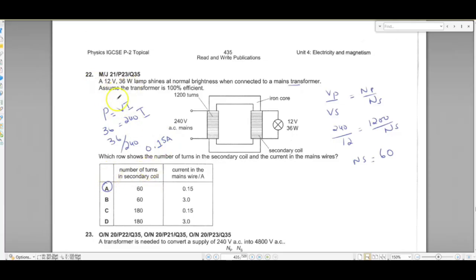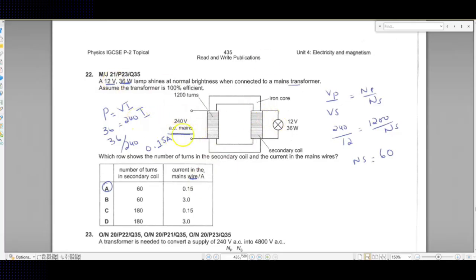Don't get this confused. If they've written the secondary voltage with the power of the lamp, don't use this voltage over here, because they've told you the current in the mains wire. They haven't asked you for the current in the secondary coil or anything. So don't use the value of the secondary voltage over here.